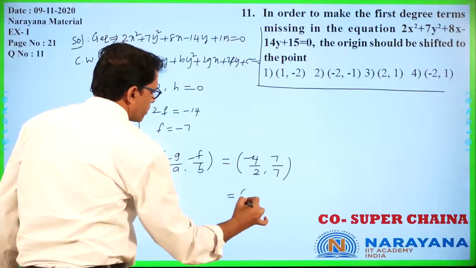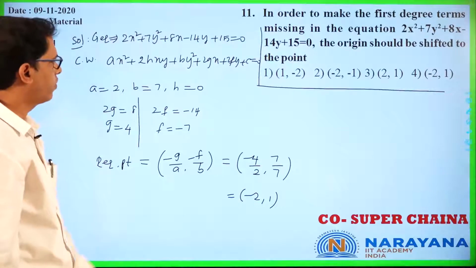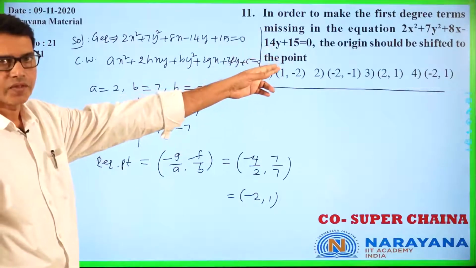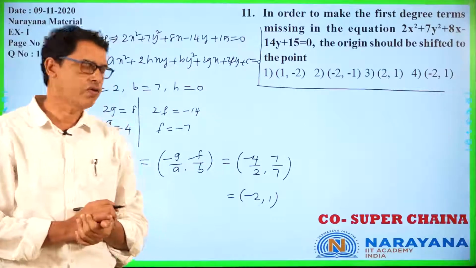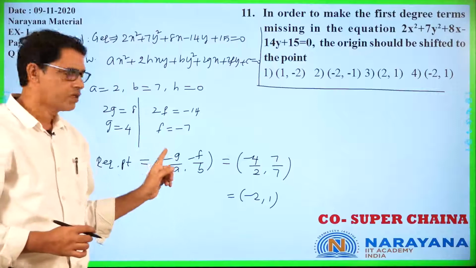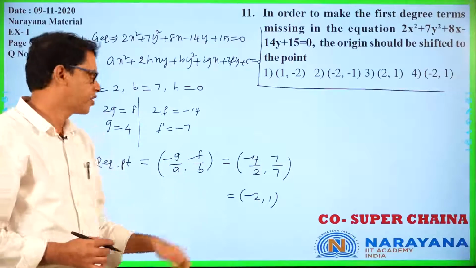So the required point is minus 2 comma 1, fourth option. Okay. So when h equals 0, the translated point is minus g by a, minus f by b. Next one.